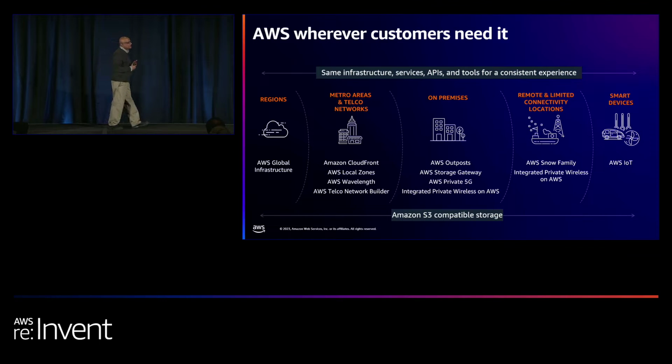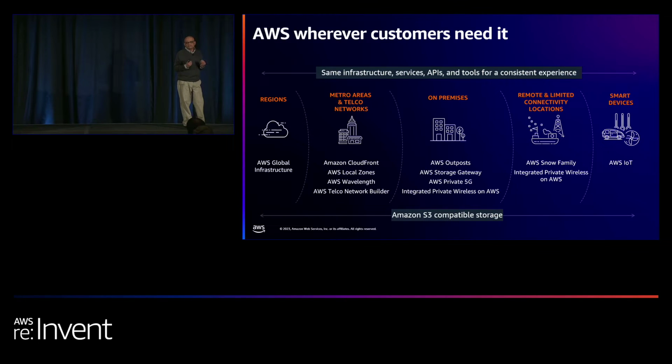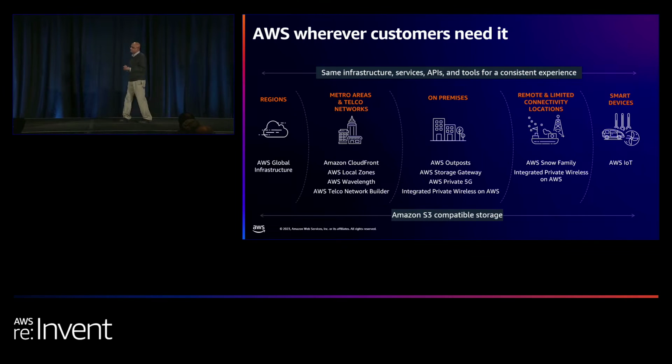Many of our customers want to deploy their apps in big metros and industry centers. Consequently, they want the compute, network, and storage to be close to the applications in those industrial cities, and I'll give some examples of that. Some of the services there include our CloudFront service, Local Zones, Wavelength, and the Telco Network Builder.